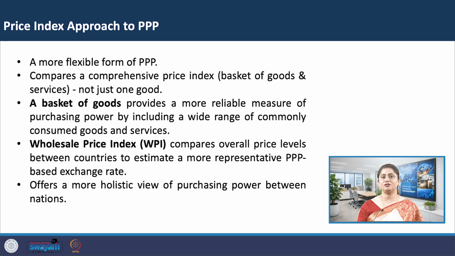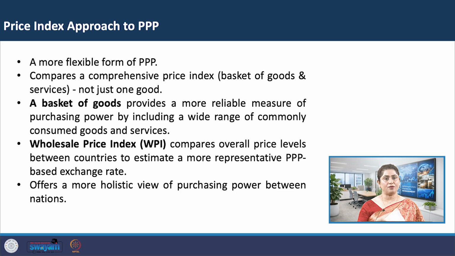The broader version of purchasing power parity does not focus on whether one product has the same price everywhere. Instead, it asks whether an entire basket of goods and services cost the same in different countries when prices are converted into a common currency. We use a basket of goods because no single product can represent the entire economy.